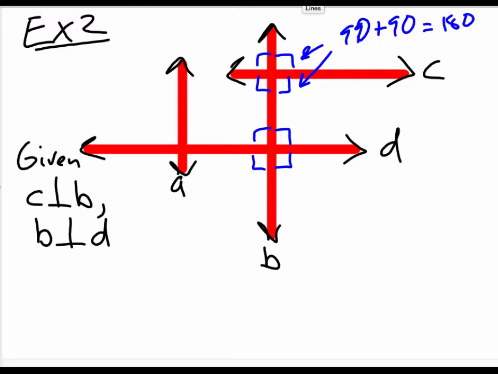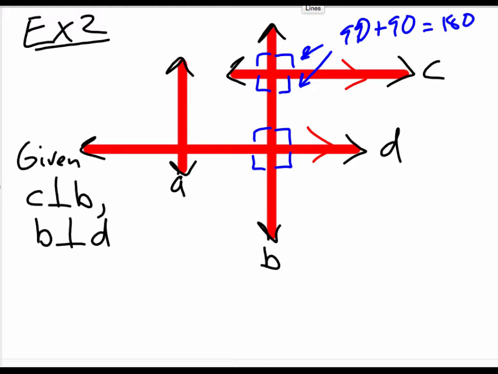Yeah, D and C are parallel based on what theorem? 3.9. If in a plane, if two lines are perpendicular to the same line, then they are parallel to each other. Right? So if two lines are perpendicular to a transversal, then they are parallel to each other. So I'm going to do this. These two are parallel. Okay? C and D are parallel.